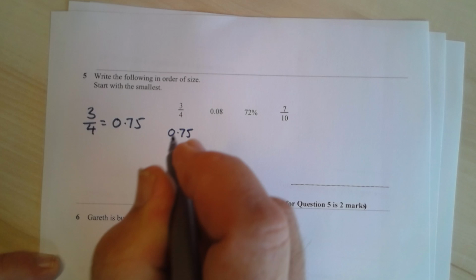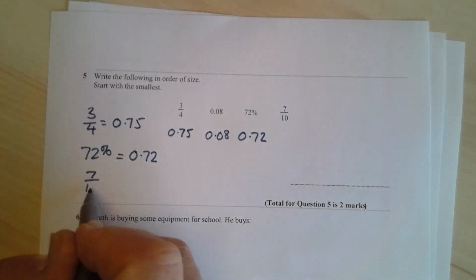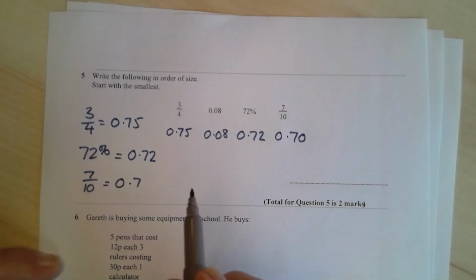I know that 72%, if I was asked for a multiplier for 72%, the multiplier would be 0.72. And lastly, 7/10 is 0.7. So they're easier to compare.